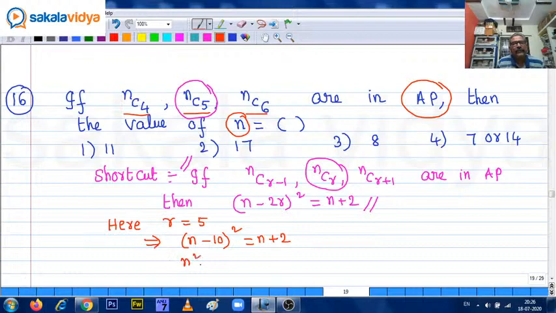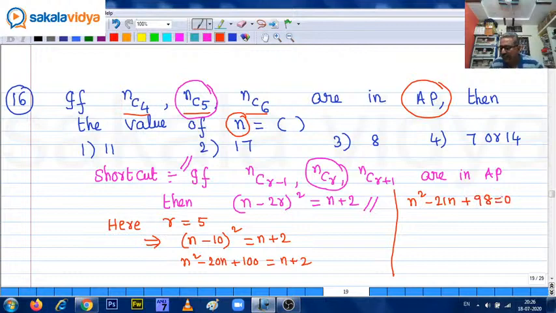This is n square minus 20n plus 100, equal to n plus 2. So n square minus 21n plus 98 equals 0. Now we need to solve this quadratic equation.